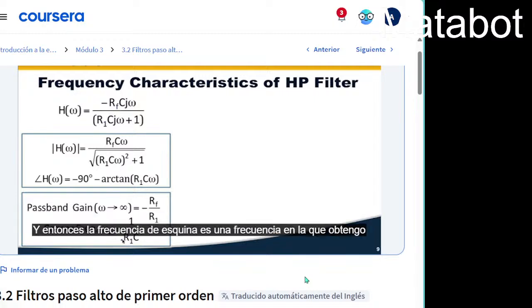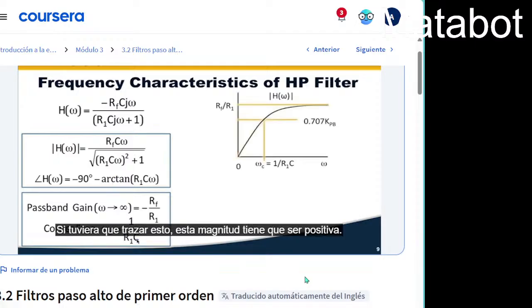And then the corner frequency is the frequency at which the imaginary part magnitude is equal to the real part. So that is 1 over R1C. If I were to plot this, this magnitude has to be positive. So this is on a linear scale, so I'm looking at positive values. That's why I have a value of RF over R1 being positive.